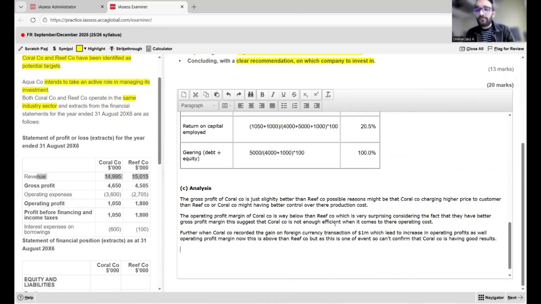Because it is a one-off event. It's not something which is, let's say, going to occur again. There are chances that, and also it leads to comparability problems as well.